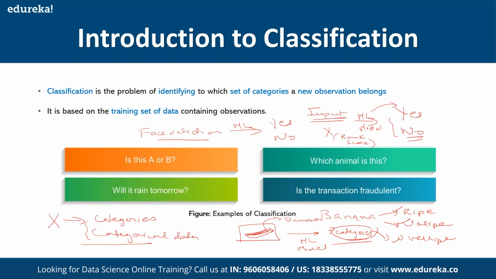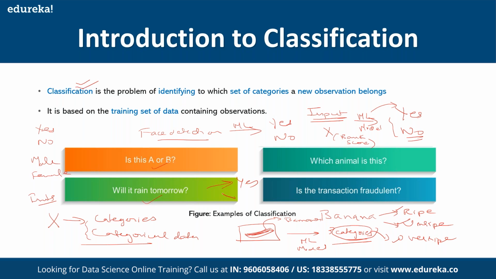Basically, when your input is to be divided into yes or no, or say male or female, or into different buckets of fruits, etc., then we will say that it's a classification problem. Like, is this A or B? Will it rain tomorrow?